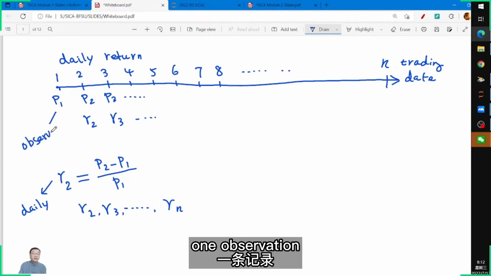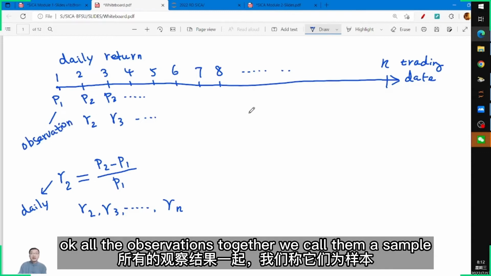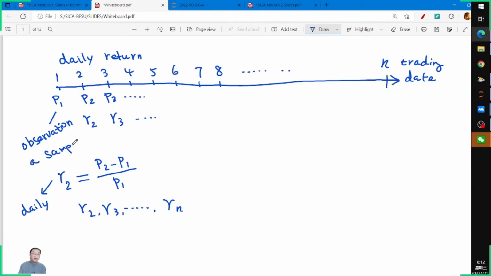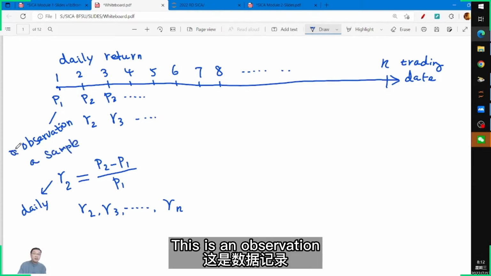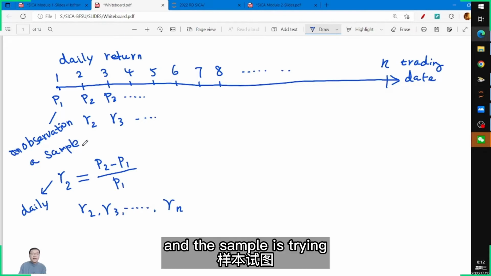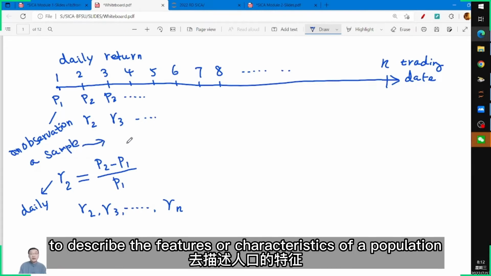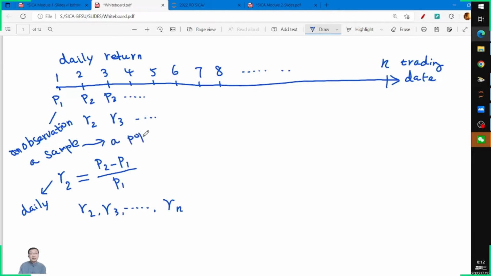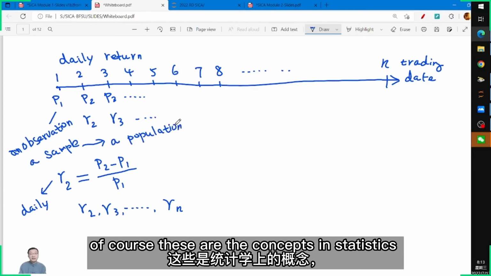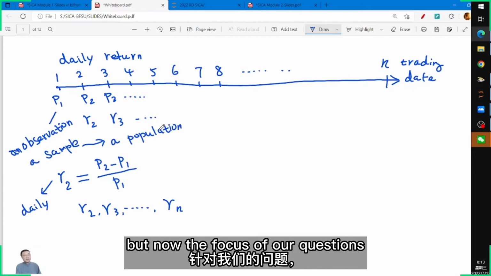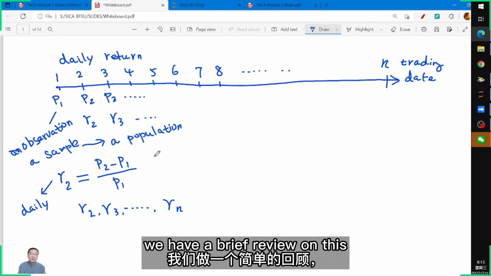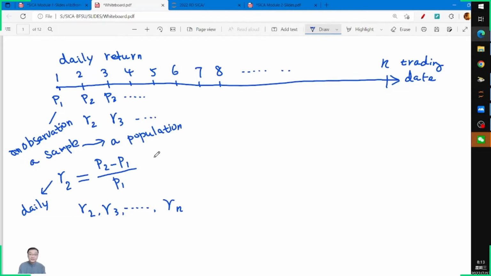All the observations together, we call them a sample. And the sample is trying to describe the features or characteristics of a population. Of course, these are the concepts in statistics, but not the focus of our course. Just a brief review on this.